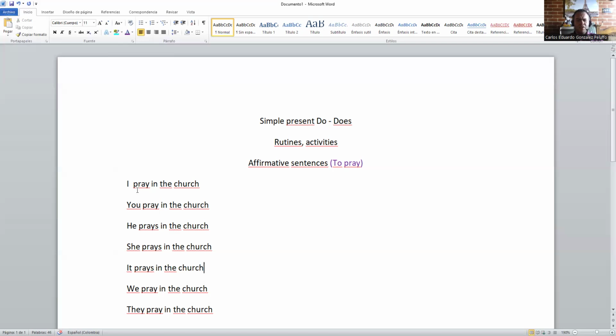Can you observe what the differences are between all kinds of subjects except third person singular, and third person singular? The verb changes in third person singular: pray with an S at the end of the verb.